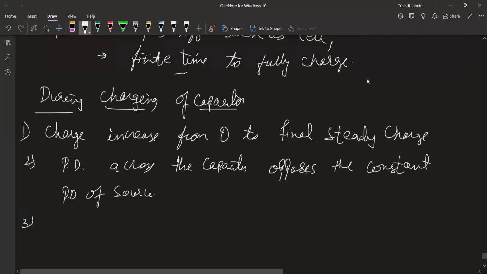So as charge increases, it gives more energy.